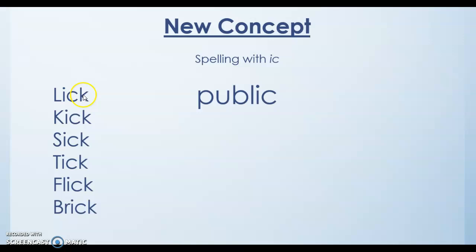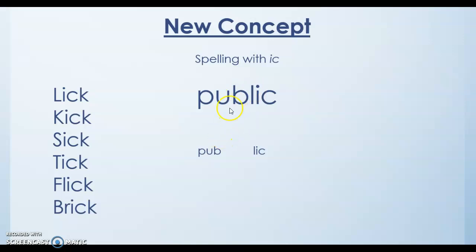But did you notice that lick is only a one-syllable word, while public has more than one syllable? This one in particular has two. You'll hear a fancy word, multisyllabic. It's a very fancy word, but it just means more than one syllable. So our syllables in public are pub, lick.